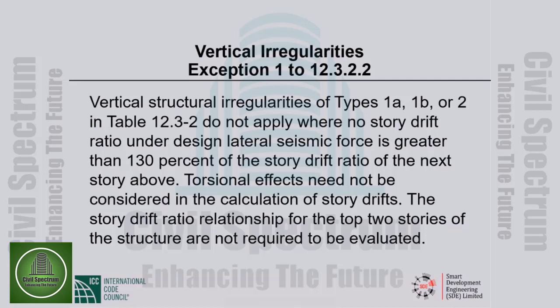Where no story drift ratio under design lateral seismic force is greater than 130% of the soft story drift ratio of the next story above. I'm sorry, the word soft is not there. Let me read it again. So vertical structural irregularities 1A, 1B, and 2 do not apply where no story drift ratio under design lateral seismic force is greater than 130% of the story drift ratio of the next story above.